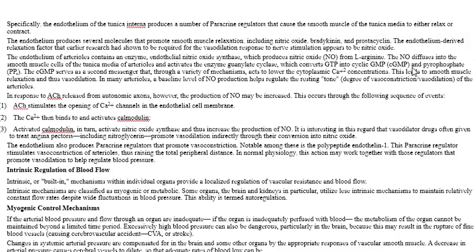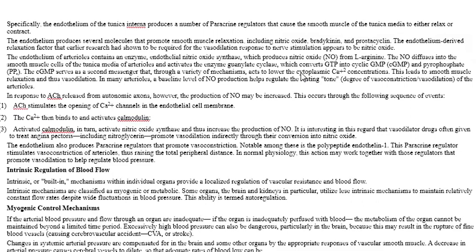The nitric oxide diffuses into the smooth muscle cells of the tunica media of arterioles and activates an enzyme, and this converts GTP into cyclic GMP and pyrophosphate.